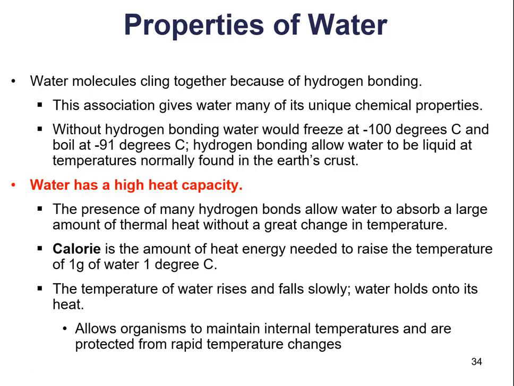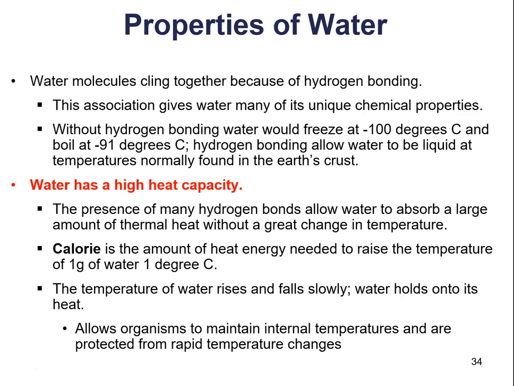All right, so again, that dictates these properties of water that we're going to talk about. So I just said that water molecules cling together because of this hydrogen bonding, okay? And again, this is what's going to dictate its special properties. It says, without hydrogen bonding, water would freeze at minus 100 degrees Celsius and boil at minus 91 degrees Celsius, okay?